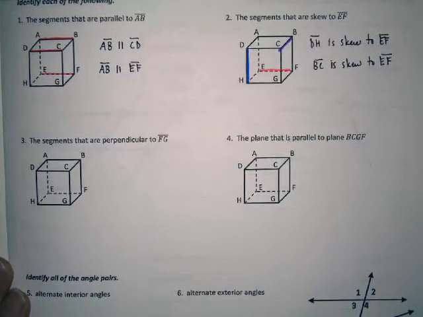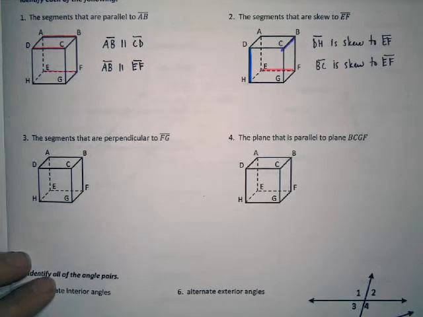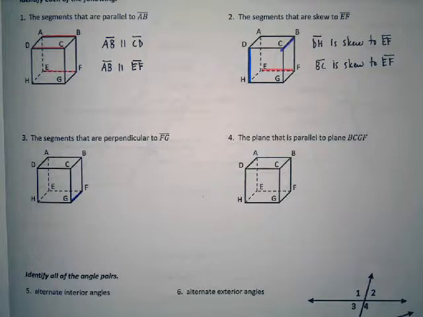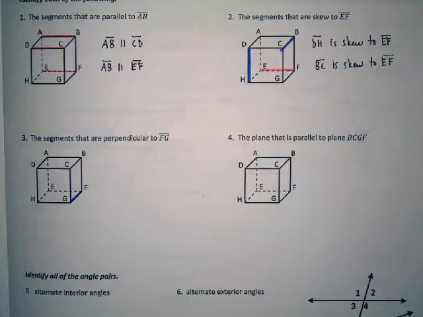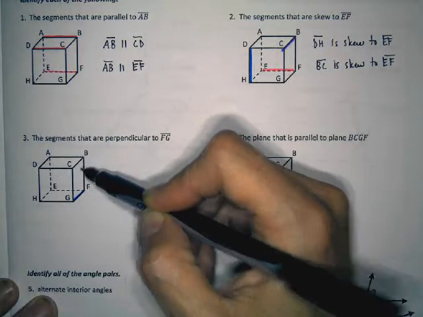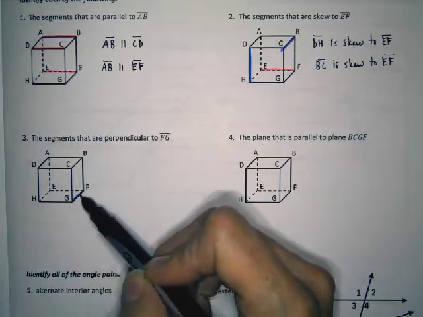Okay, next we're talking about perpendicular. So I want the segments that are perpendicular to FG. So they have to intersect at a right angle. So if we're assuming this is a cube, we know we have a lot of right angles here. So I know that any of these segments running up and down, those are like maybe what meets at the corners of our room.